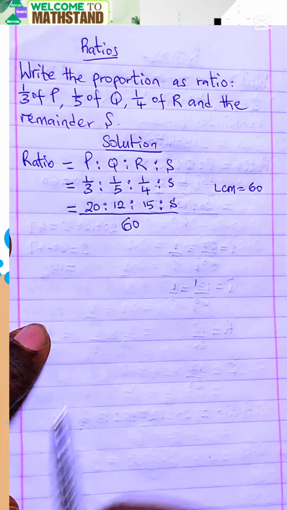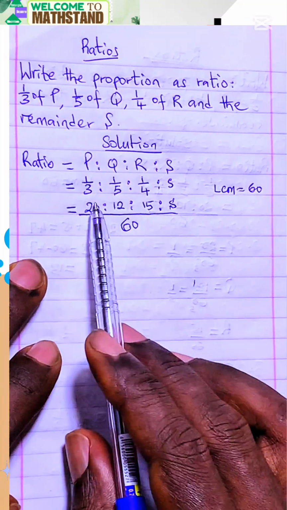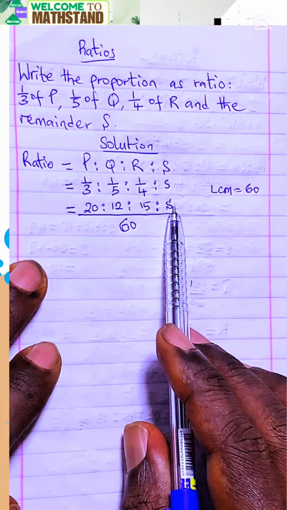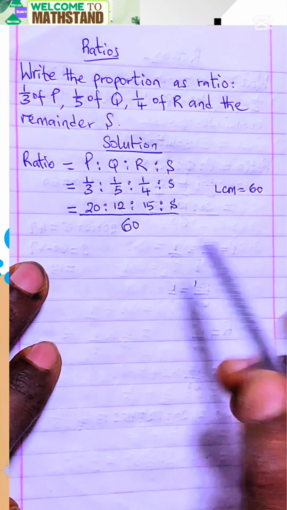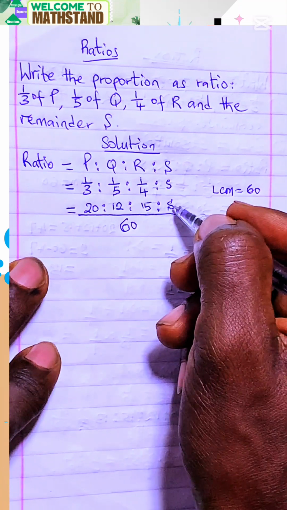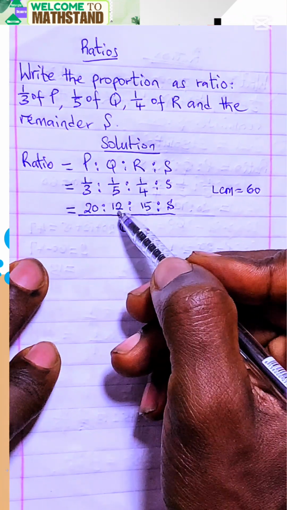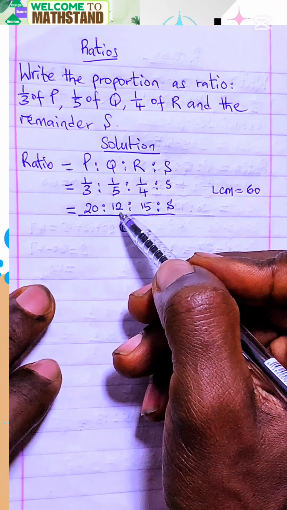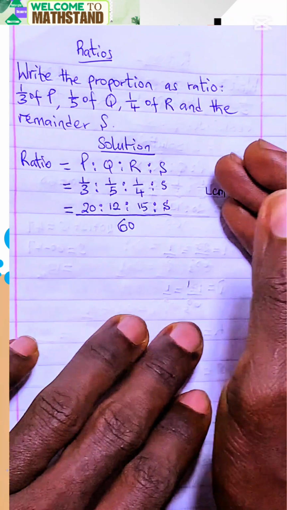So remember, like I said, that the sum of the numerators will give us what? The 60, the denominator. So in this case, that means if we add all this together, including S, it will give us 60. So 20 plus 12 is 32. 32 plus 15 is 47.